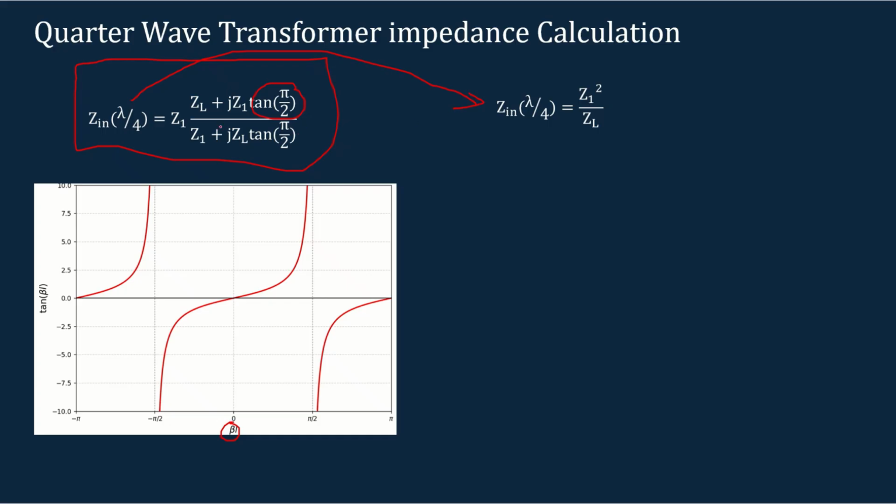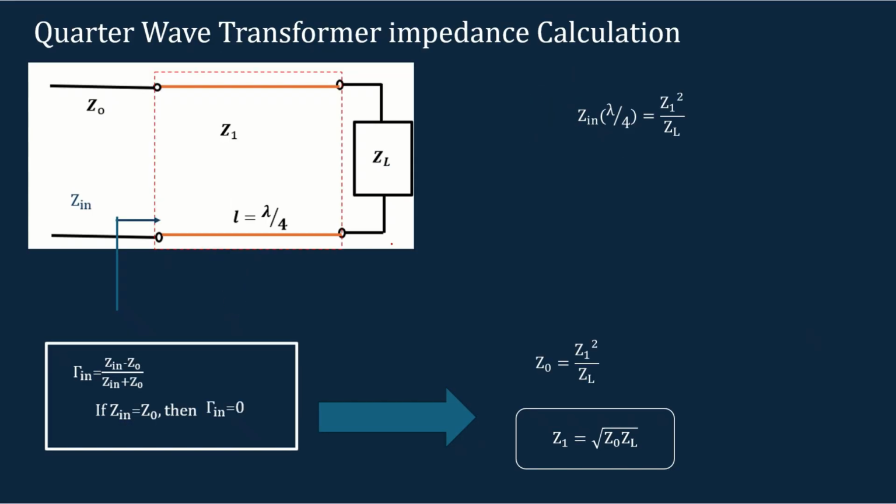If we simplify that, Zin of lambda by 4 becomes equal to Z1 times jZ1 by jZL, which equals Z1 square by ZL. So this is the expression for the total input impedance of the quarter wave transformer: Zin of lambda by 4 equal to Z1 square by ZL.